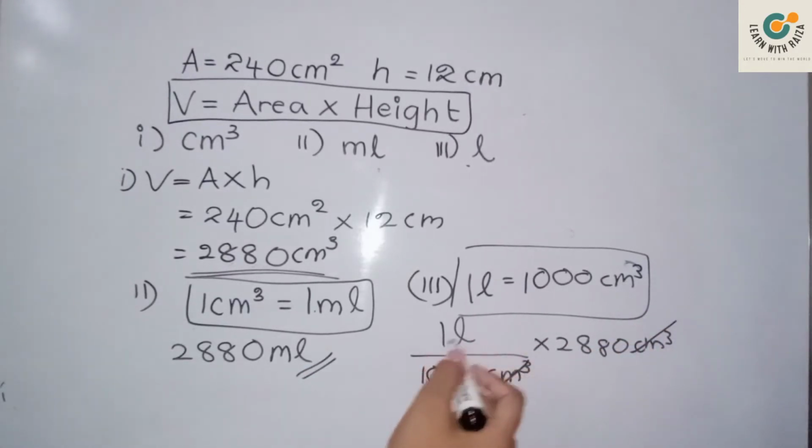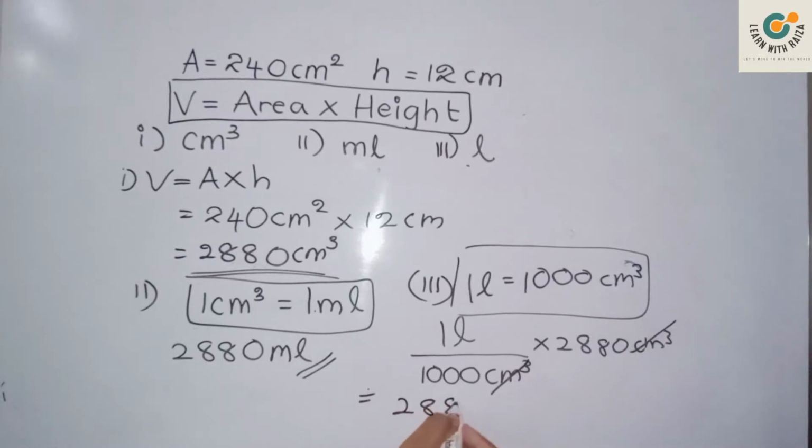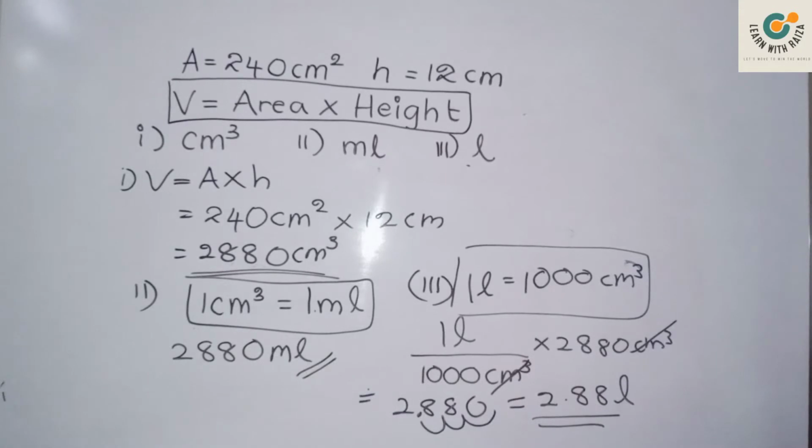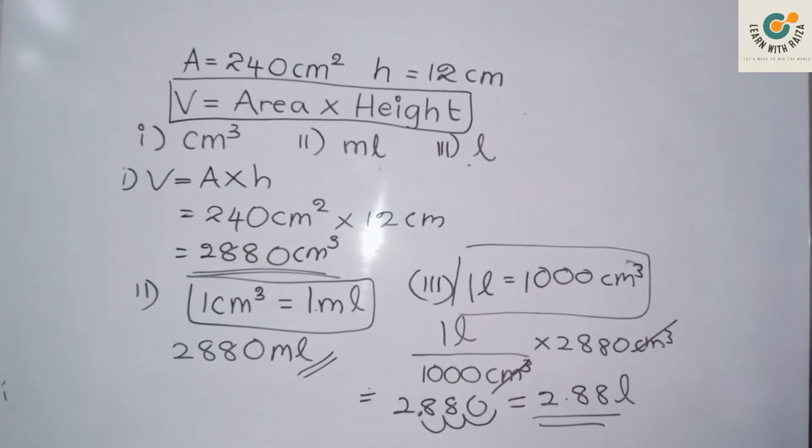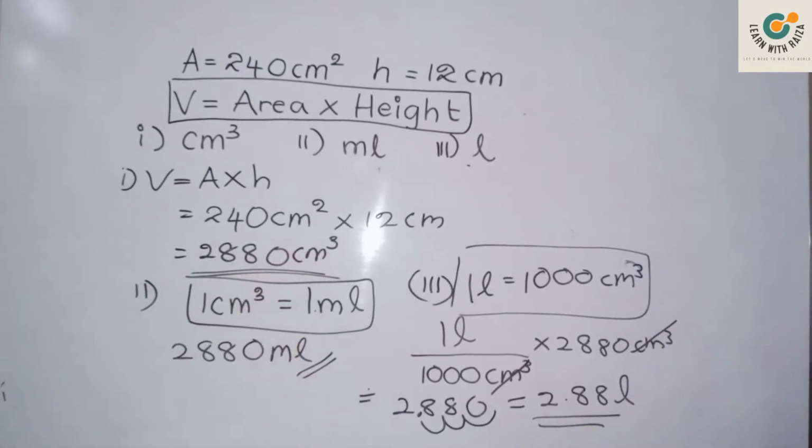That means you have to divide 2880 by 1000, which means you can place the decimal. Dividing by 1000 means moving 1, 2, 3 places. You are getting the answer as 2.88 liters.